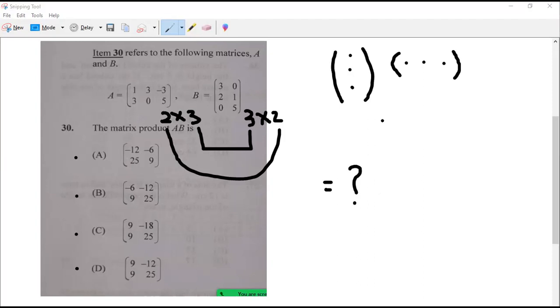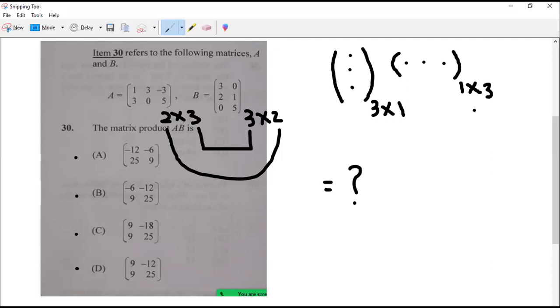The order of the matrix. What's the order of the first matrix? 3 by 1. It has 3 rows and 1 column. And the second matrix, how many rows does it have? 1 row and 3 columns.